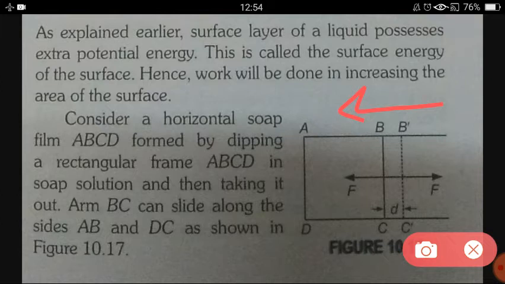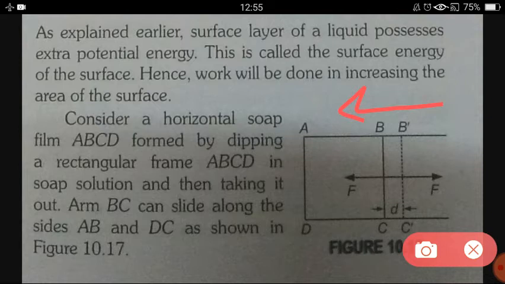You all might have noticed that if we have any closed loop and put it inside soap solution, a film of soap will form there, and because that soap film has a free surface, there will be some surface tension, and because of the surface tension, that soap film will try to acquire the smaller area, and in doing so it will move in the inward direction.